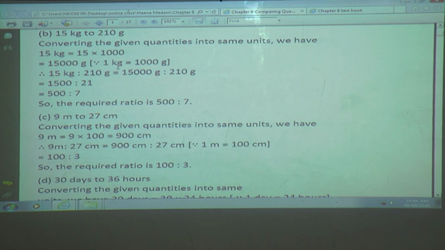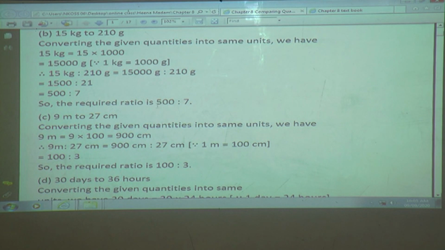In the place of 15 kg we write 15,000 gram, ratio 210 gram. Here I cancelled 0 and 0, and the ratio is 1500 to 21. After the reduction we get 500 to 7. So the required ratio is 500 is to 7.